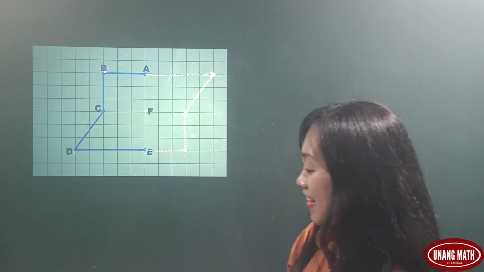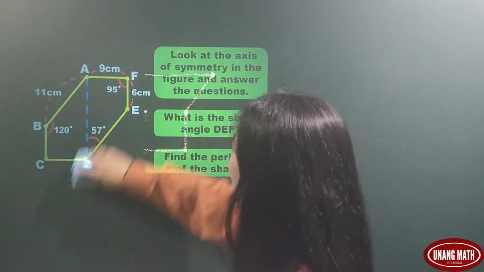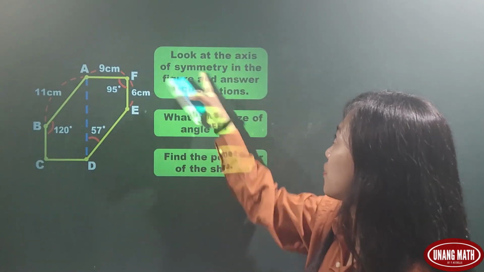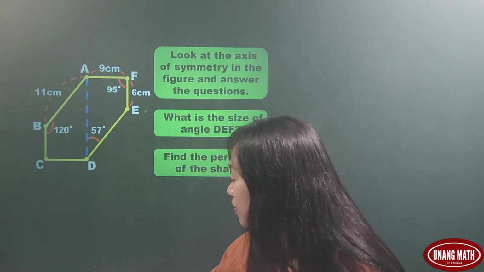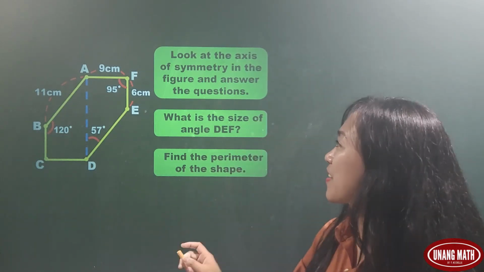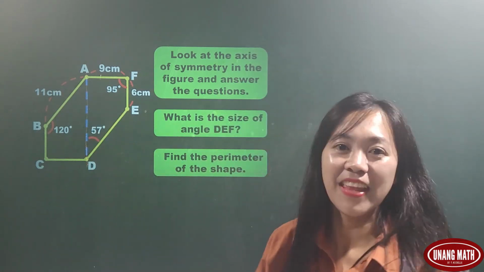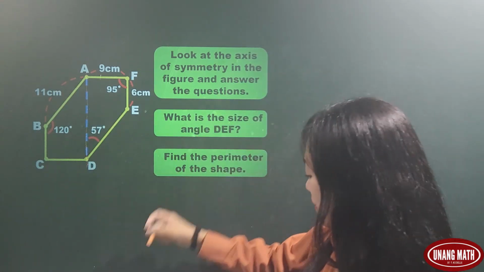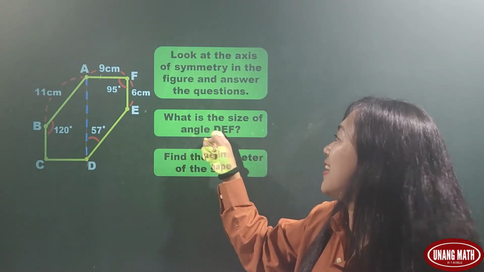Okay, tignan naman natin ang susunod na problem dito. Ang sabi dito is, look at the axis of symmetry in the figure and answer the questions. Okay, nasaan ang ating axis of symmetry? Ang line na ito. Ang tanong ay, what is the size of angle DEF?